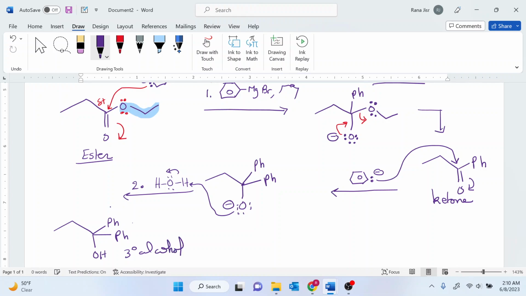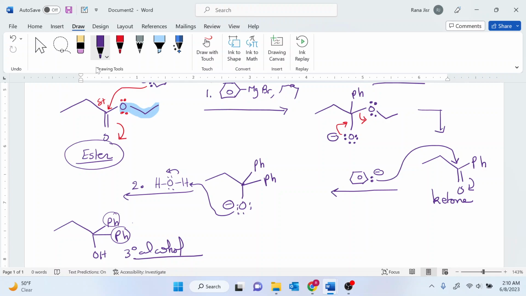You know that your tertiary alcohol is coming from an ester if you have two R's that are the same on the alcohol. But it doesn't really matter because tertiary alcohols are always products of ketones, esters, and acidic chlorides.